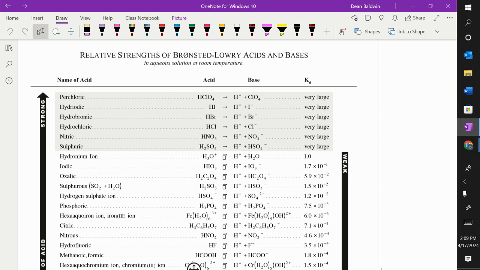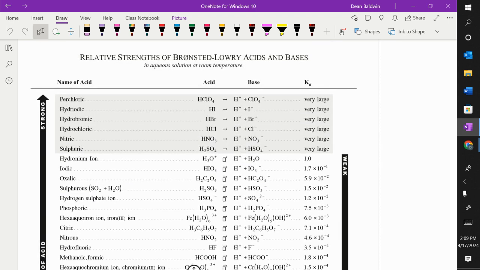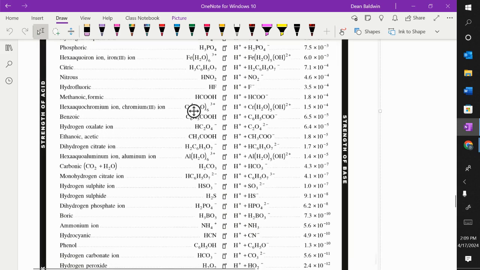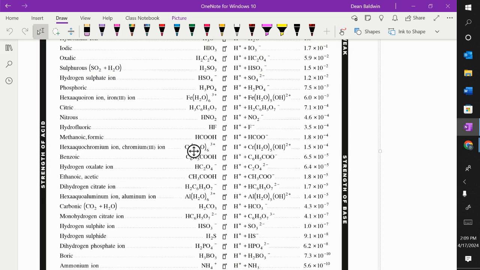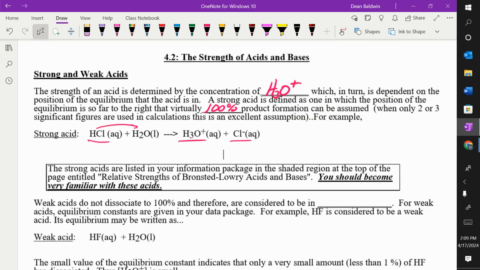Okay, and then they have Ka values, which is just like a Keq value, but they put an A beside it because it's an acid, just like Ksp. Okay, and they go from strong up here to weak down here. Lesson over. Yeah, go home.